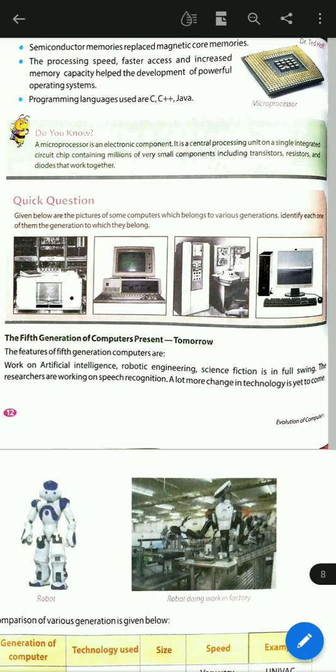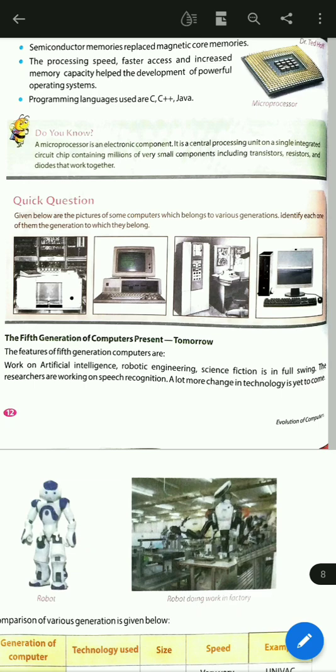The researchers are working on speech recognition, and a lot more changes in technologies are yet to come. So students, these computers are helpful for us to develop machines which intelligently work for us without making any mistakes. That is called artificial intelligence.